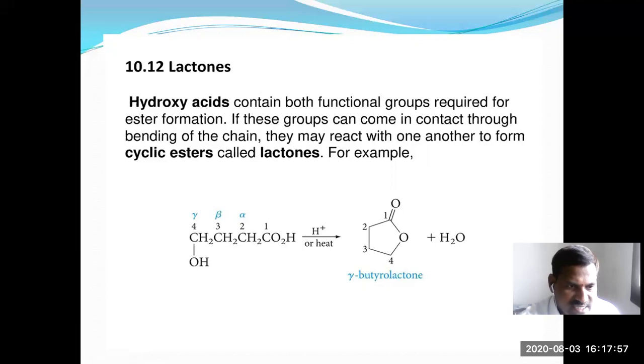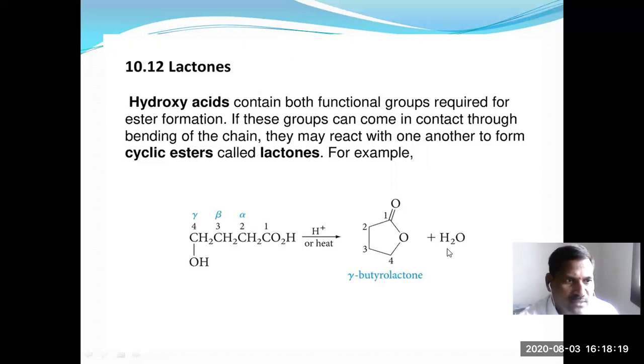This cyclic ester is called a lactone. See here, we can take gamma hydroxy butanoic acid. We can get gamma butyrolactone, with loss of a water molecule.